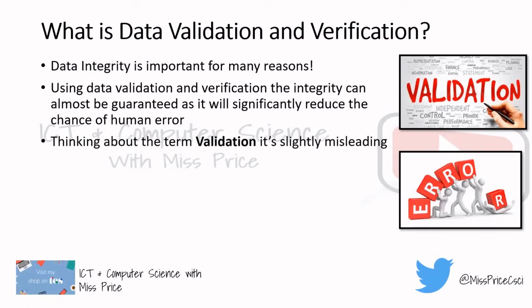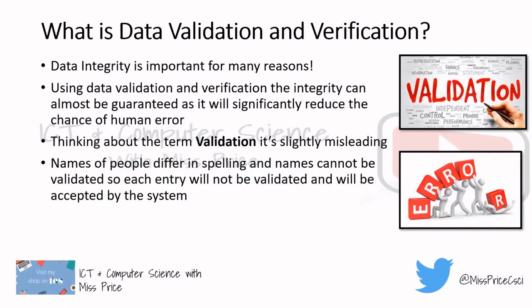Now, thinking about the term validation, it can be slightly misleading, because validation is almost kind of an untruth, really. If we look at certain entries that go into a database, like a person's name, the spelling can differ. There are unlimited names around the world, and new names come out every year.